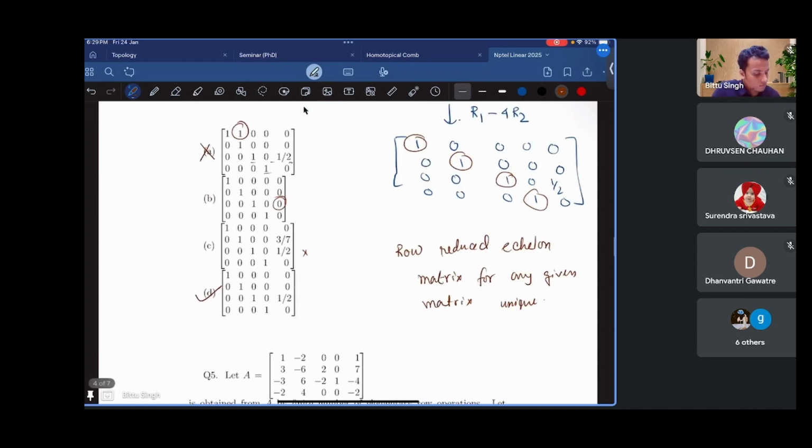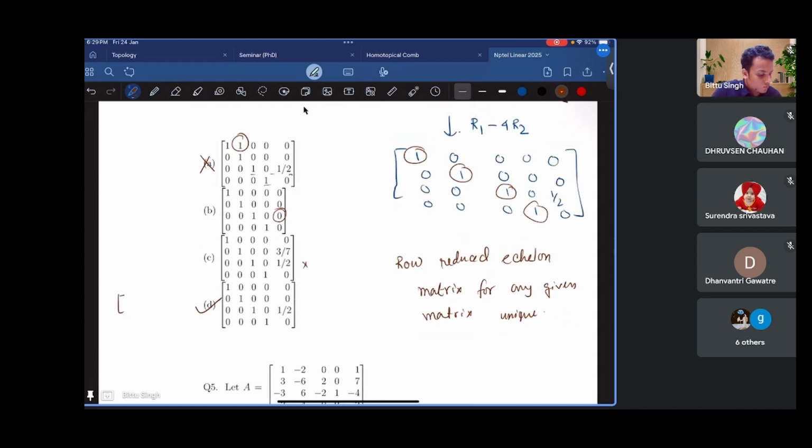For example, 1, 2, 0, 1 is also a row echelon matrix, but if we subtract, 1, 0, 0, 1 will also be a row echelon matrix corresponding to this A. But when we say row reduced echelon form, this is unique because above this one everything should be 0.